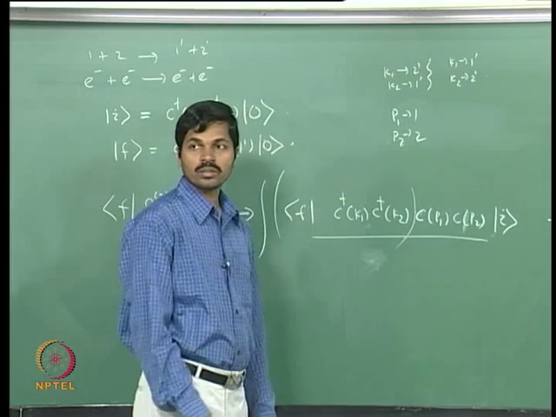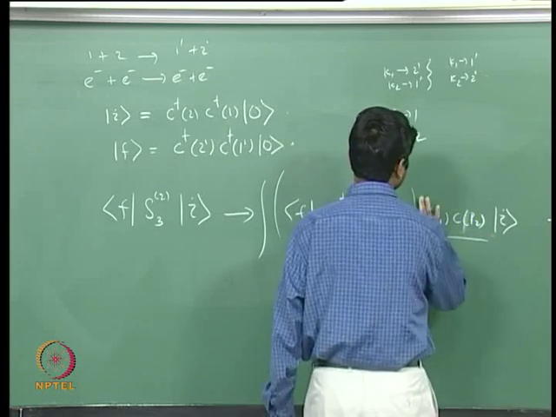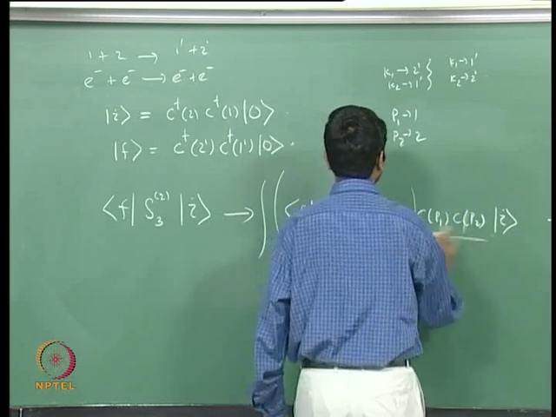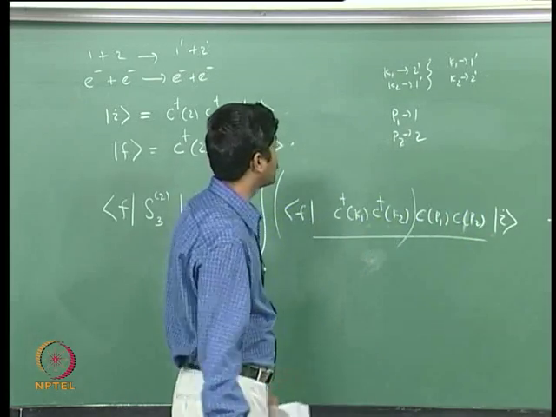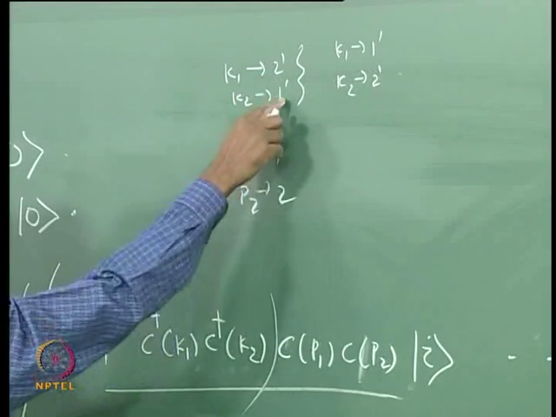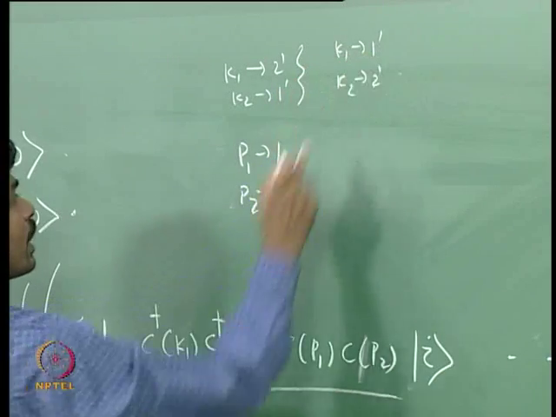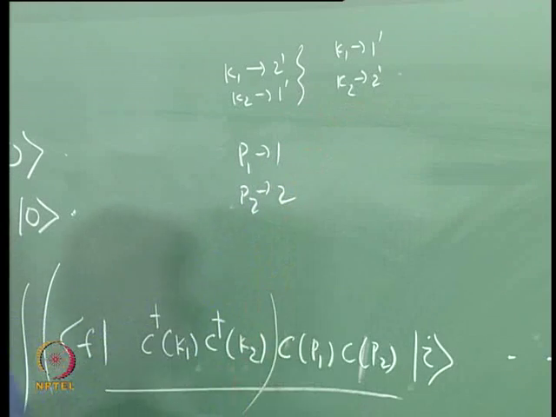Let's assume that it is already taken care of. So you have this option where k1 will be equal to 2 prime and k2 will be equal to 1 prime with this, or you have k1 going to 1 prime and k2 going to 2 prime with this. These are the 2 terms which are possible.